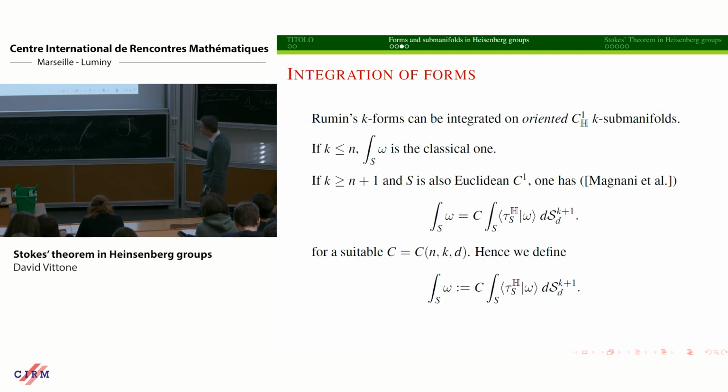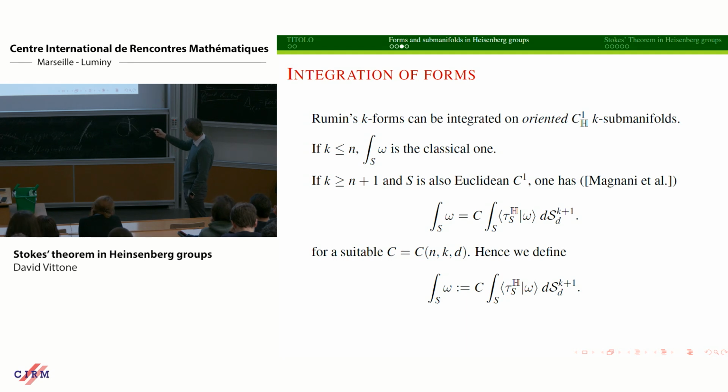The problem is when k, your dimension, is high, so greater than n plus 1 or larger, because I told you that it can be a fractal from a Euclidean viewpoint. So in principle this is not well defined.